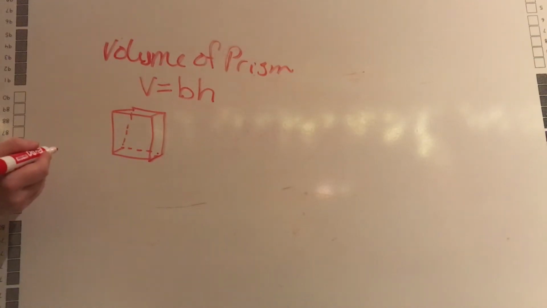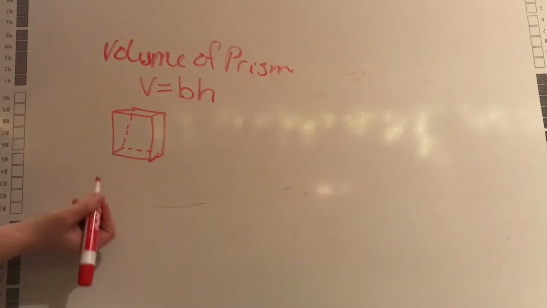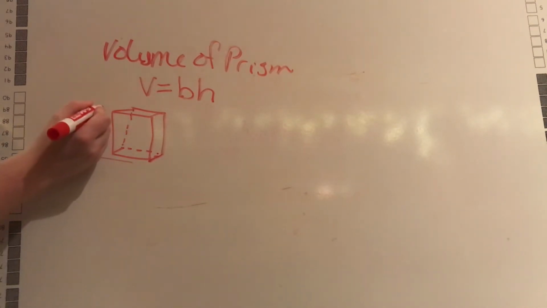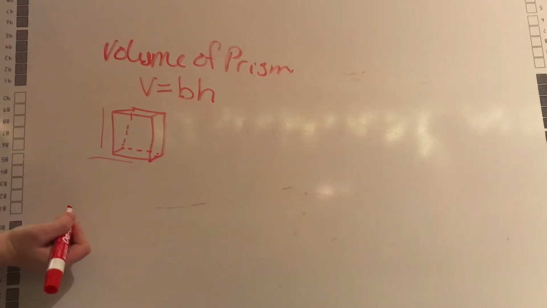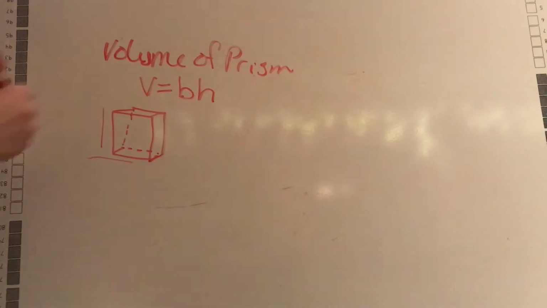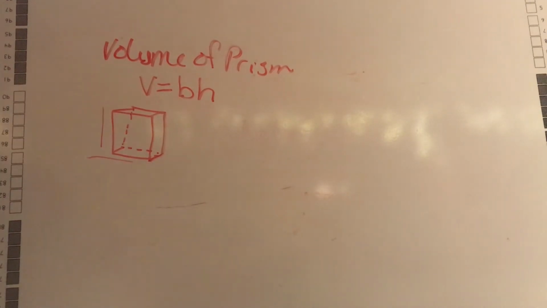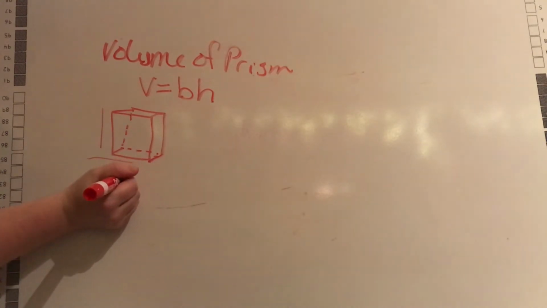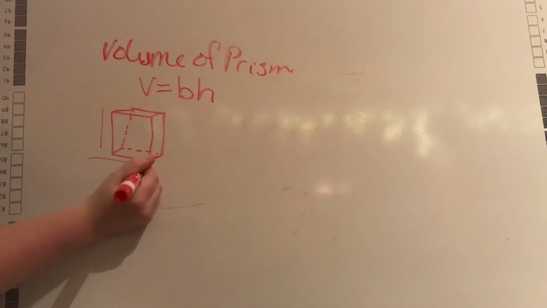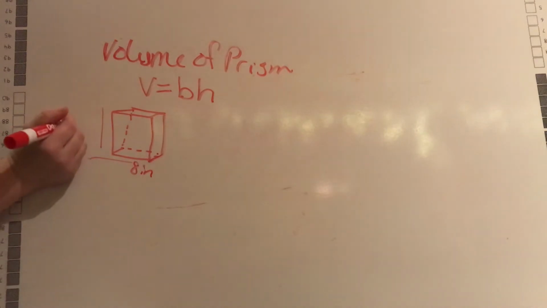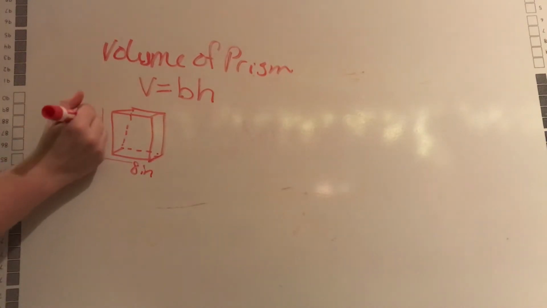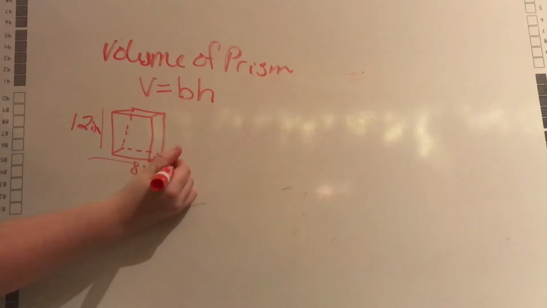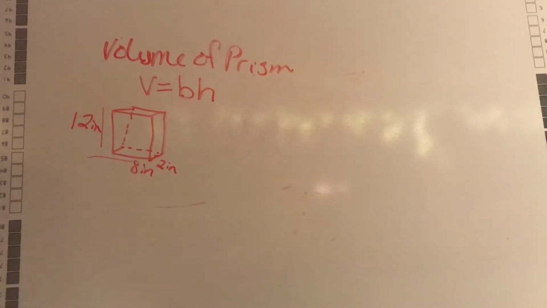So what you're going to do is you're going to take the base, which is this here, times the height, and that is all. So let's say our base is 8 inches and our height is 12 inches, and this little space here is 2 inches.